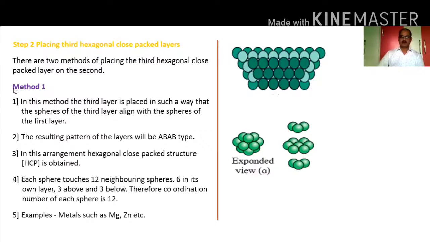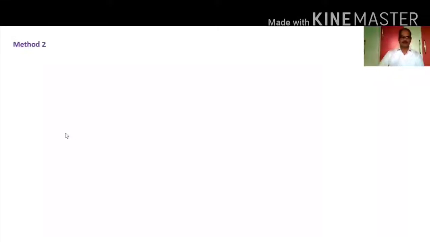So this is one method by which I can place the third hexagonal closed packed layer on the second hexagonal closed packed layer. Now let us see what is the second method.